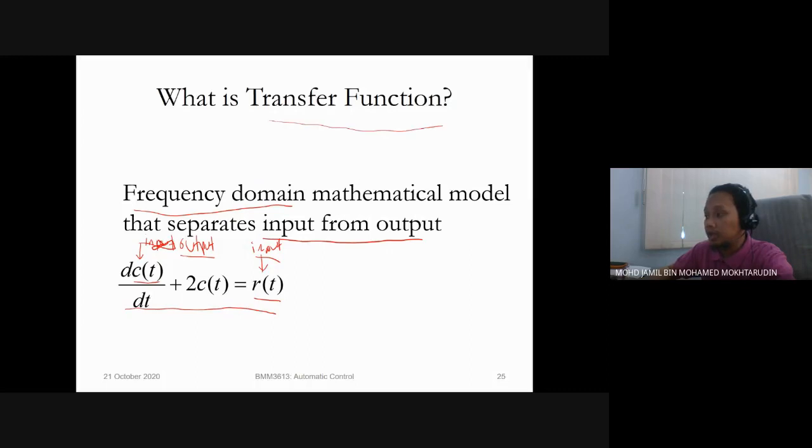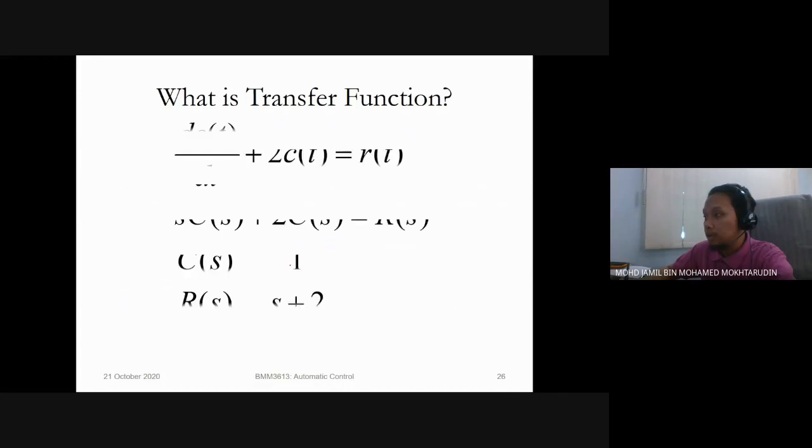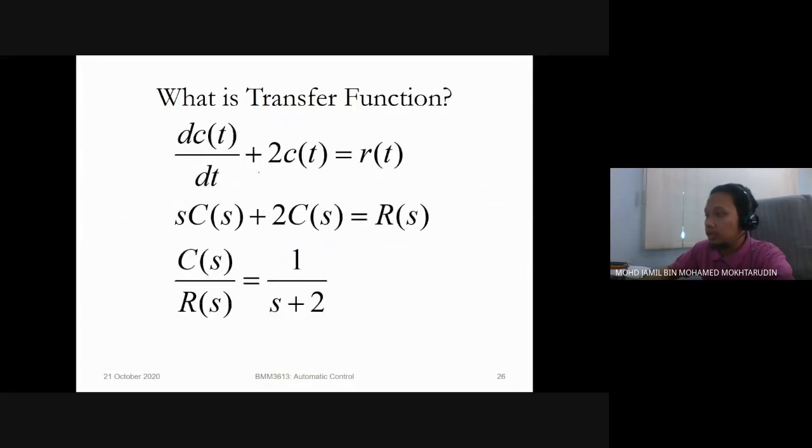So how to get this transfer function? First, you need to convert this time response into frequency response. You know that dc/dt in frequency response becomes s times C(s). This is from the table.